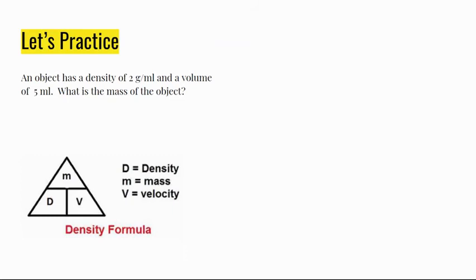All right. So now it's your turn to practice. Now we have an object that has a density of 2 grams per milliliter and a volume of 5 milliliters. What is the mass of the object? So what are the variables? Well, density is 2 grams per milliliter, mass is the unknown, and volume is 5 milliliters. So what are we going to cover up?